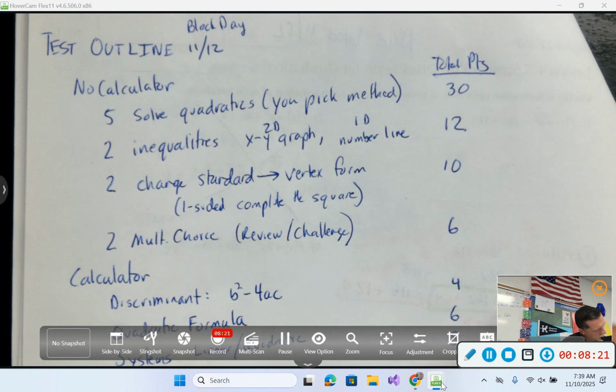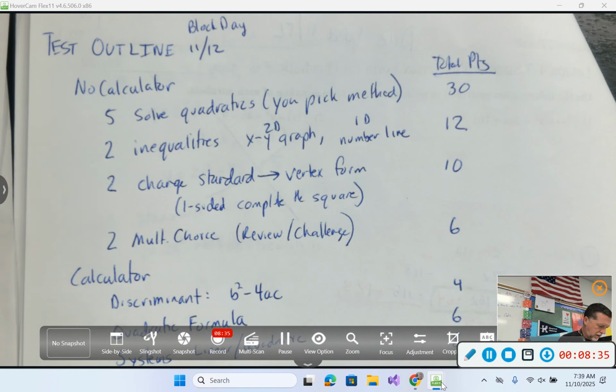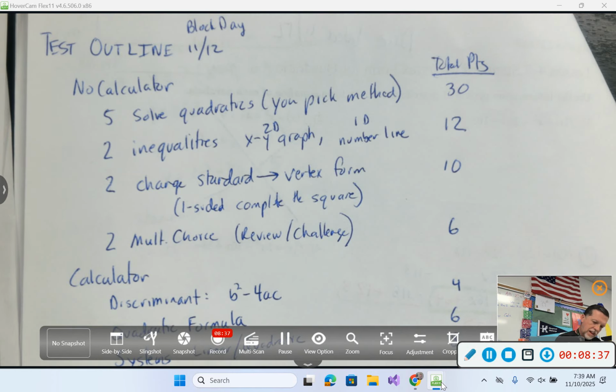An object is launched. Let's see what that says. It doesn't say, so I have to figure that out. And stat calc, stat edit, that one's worth a total of 6. So we'll do a little math right here and figure this out.